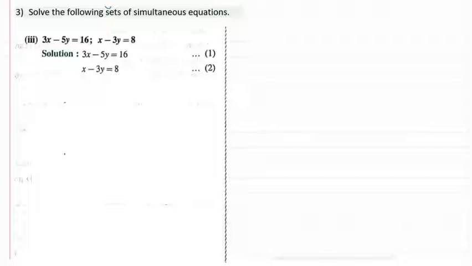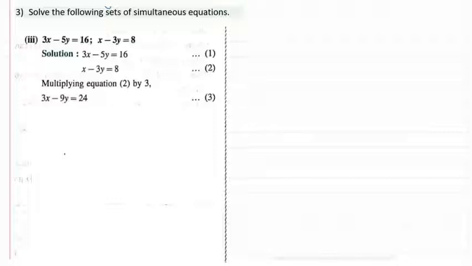In that case, you are going to prefer any one of the variables, especially the one which has the least coefficient. So which is the equation having the least coefficient? That is equation number 2, which has 1 as the coefficient with variable x. So 1 is the least coefficient among 4 of them. Yes. So we are going to prefer equation 2.